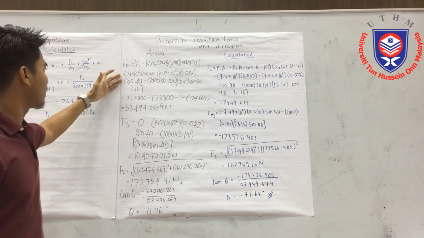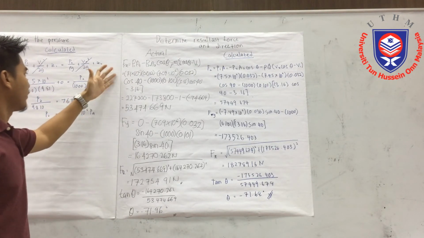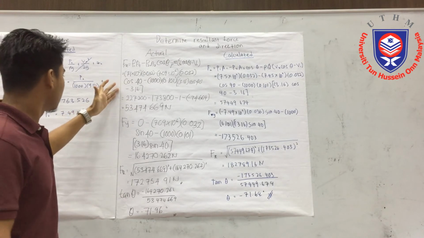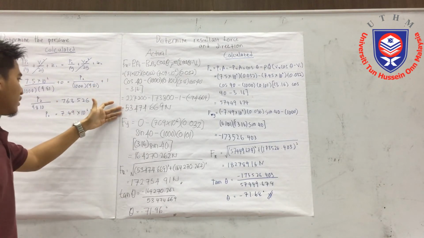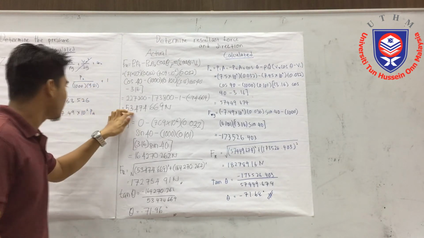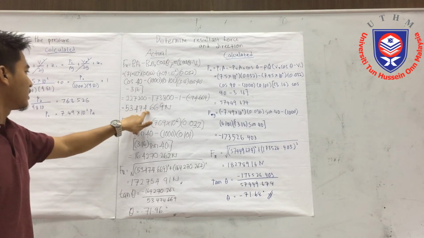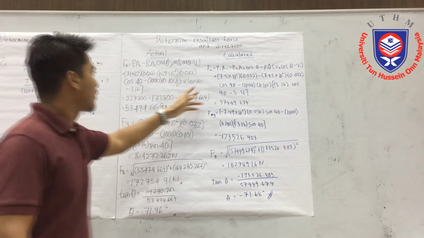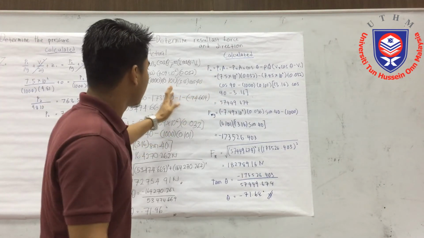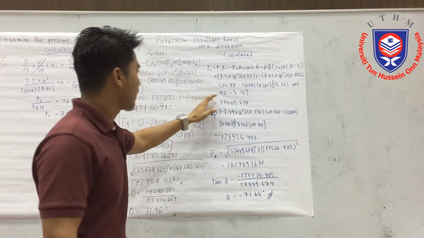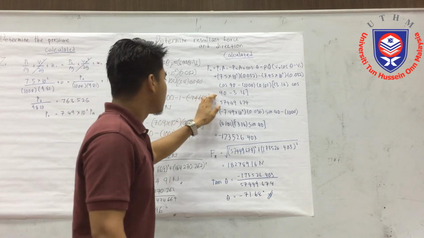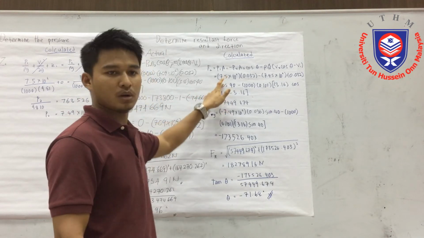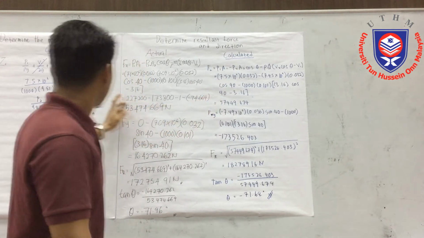Then we substitute the values and find 53,474.669 Newton for the Fx of actual. For the calculated, we find 57,449.674 Newton for Fx calculated.